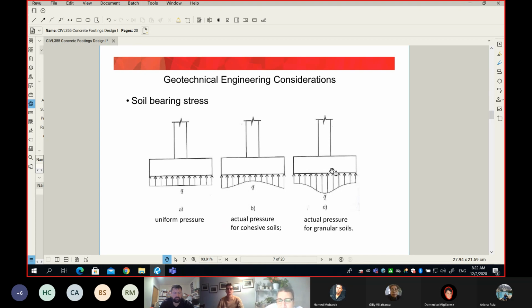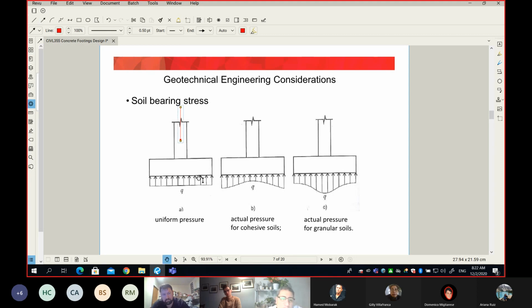So the soil, when we apply a load, reacts to our load by a bearing pressure. Because we have sigma y equal to 0, the soil will have to provide a reaction equal to the applied force. If I apply a load on the column, the soil will have to react by a stress.